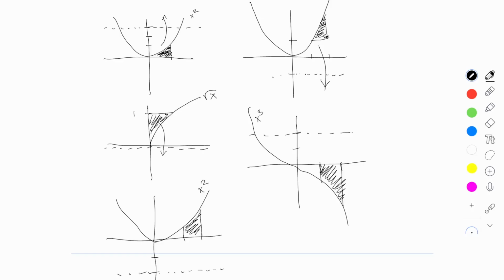Yeah, so the distance from here all the way to here. It's 3. Oh, it is.